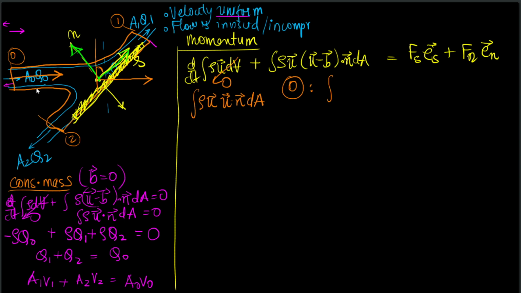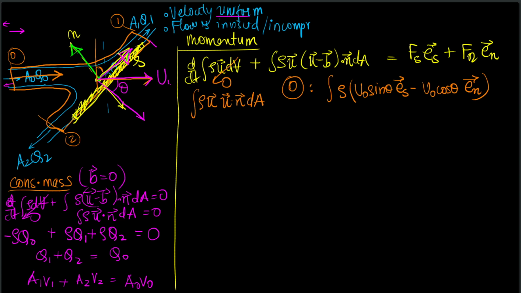So u, the inlet velocity, we can split as u naught sine theta e_s minus u naught cos theta e_n, because this velocity component will have this projection in e_s direction and this projection in the e_n direction, and this angle is theta.